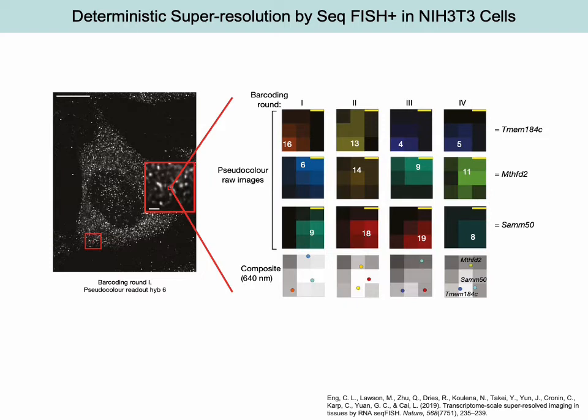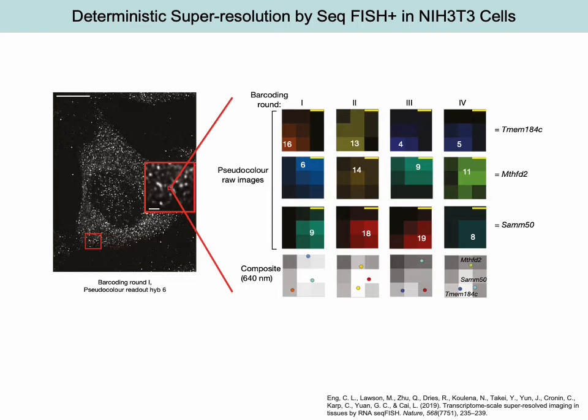So by using multiple rounds of hybridization, you can target a subset of a very densely populated area. You have this region with many RNAs, and if you image all those together in a diffraction limit microscope, you will see that those dots are going to overlap with each other.